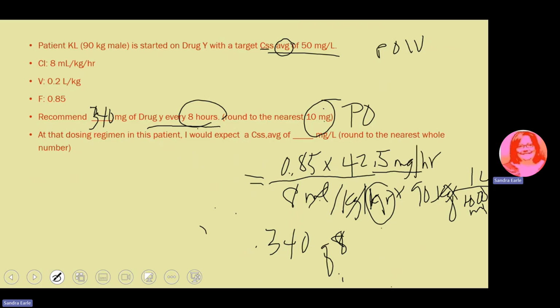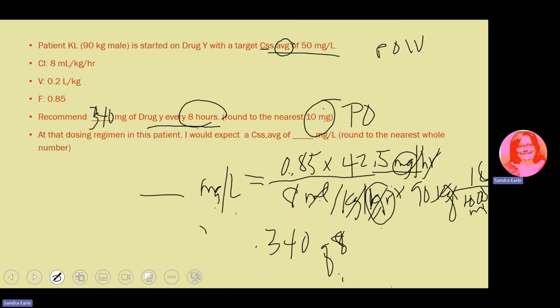So let's see, this works out to be per hour. So we'll have milligrams per liter, which is what we want, right? So this is going to be in milligrams per liter. So we just need to do our plugging and chugging.